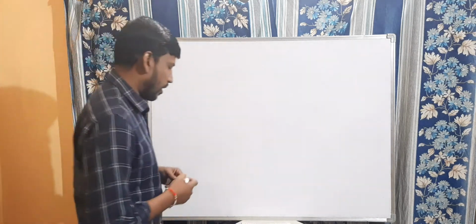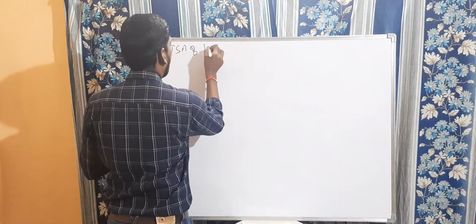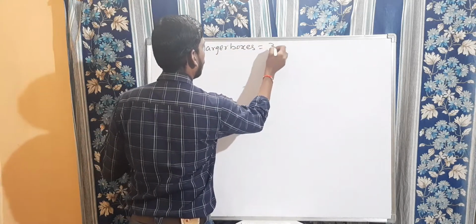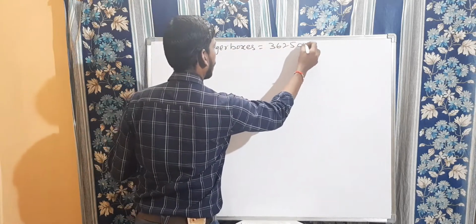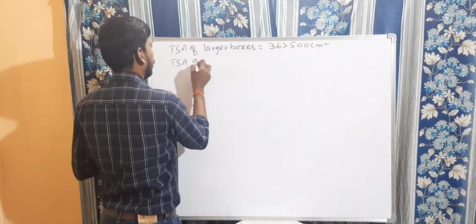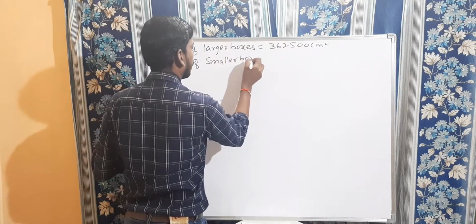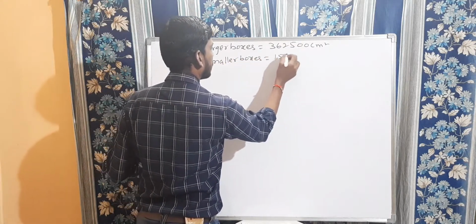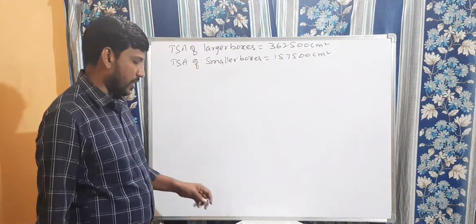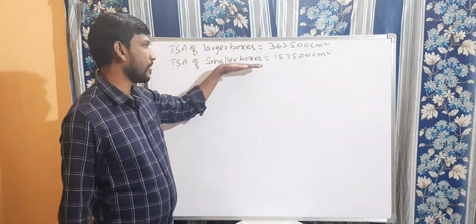Right, children. So now the total surface area of larger boxes is equal to 362500 centimeter square, and the TSA of smaller boxes is equal to 157500 centimeter square. We got these separately, the areas of 250 larger boxes and 250 smaller boxes.